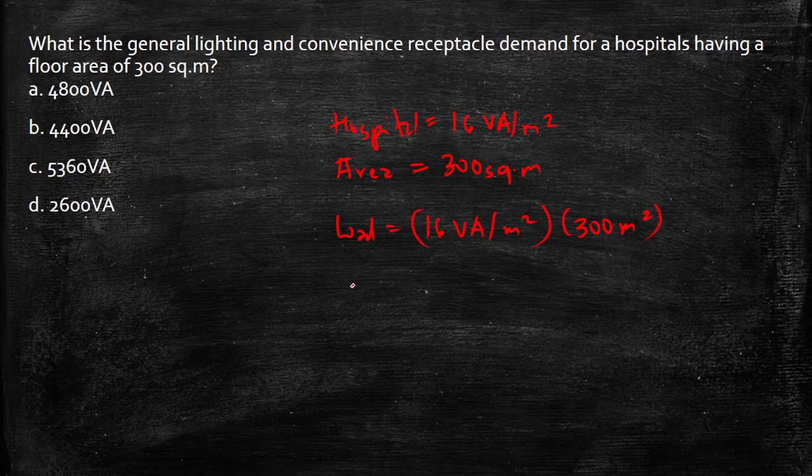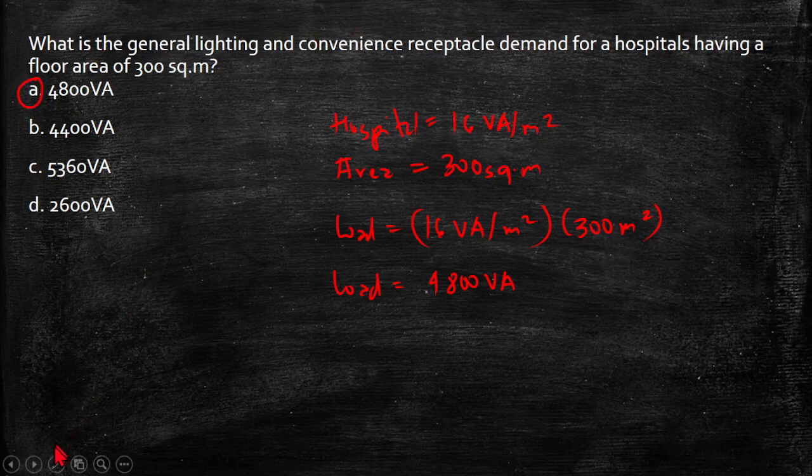Yan. So our demand load now is equal to, calculate natin. So we have 16 times 300. So that is equal to 4,800 volt ampere. So yung tamang sagot is letter A.